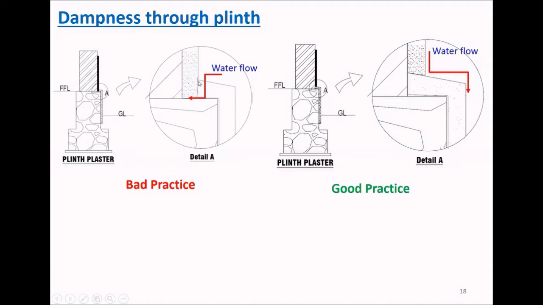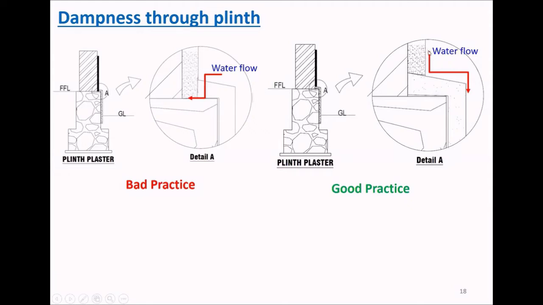With time, what will happen? There is a formation of cracks. Then water can come through this into the building, to the wall. Then the wall always gets wet, and there may be a formation of fungus inside the wall. Good practice: we have to stop this wall plaster somewhere a little bit upper level, do the plinth plaster, insert it inside, and then complete this wall plaster.